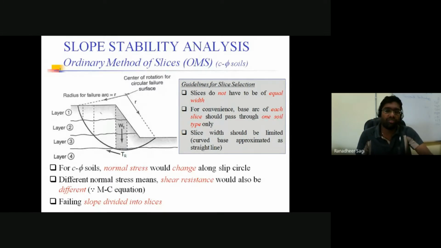But when the soil is considered as a whole, as a single unit undergoing the failure, the problem is, if you look at the failure surface of your finite slope, what in general we said is that it is going to be mostly an arc of a circle.